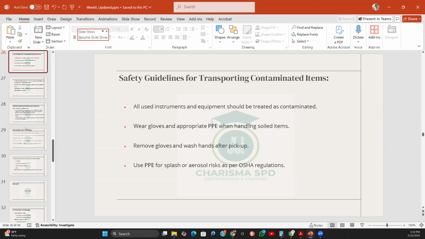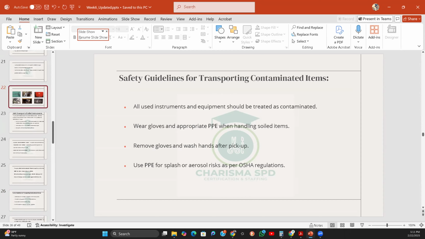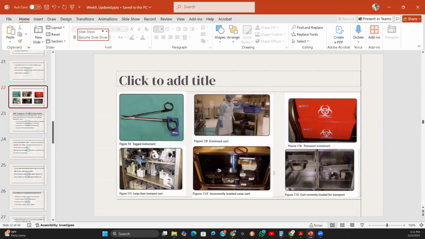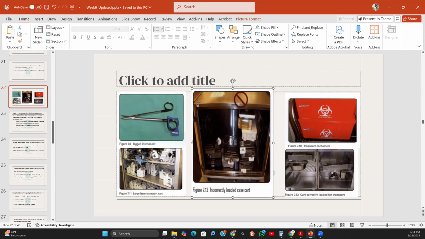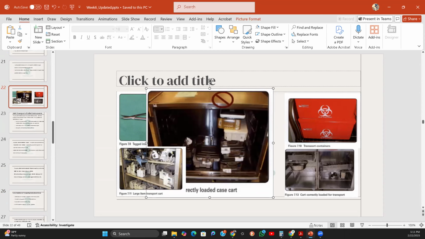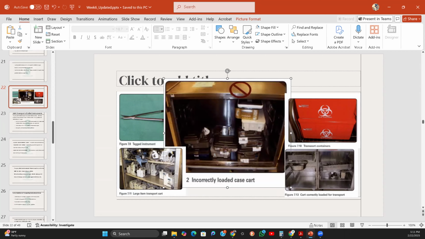Director, can you take me back to the picture of the carts? Let's see, I think 7.12, right? Even though it's a wrong packaging, let me see. Yes. Can you see the picture very well?